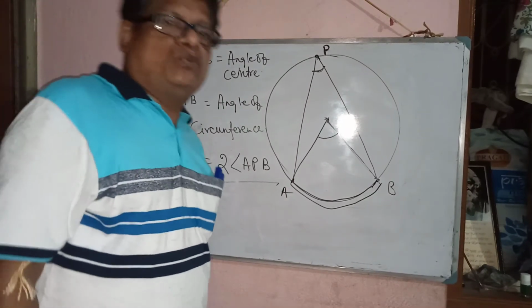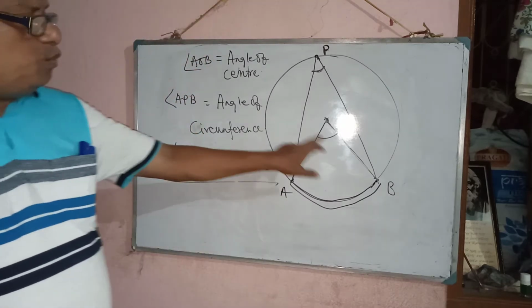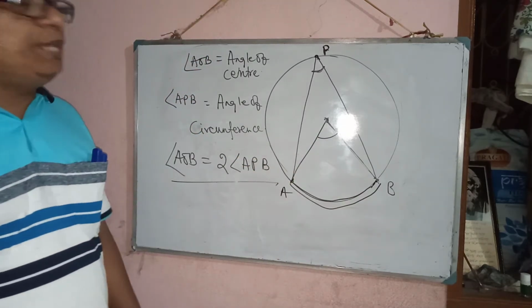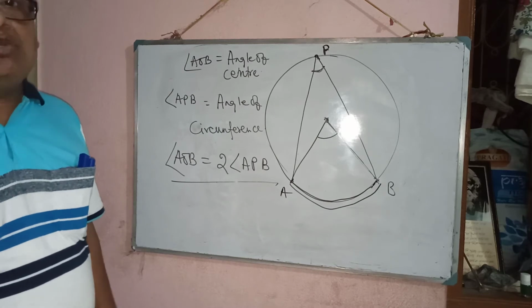Okay, my dear students, AOB equal to twice of APB. How to prove? Look at here.